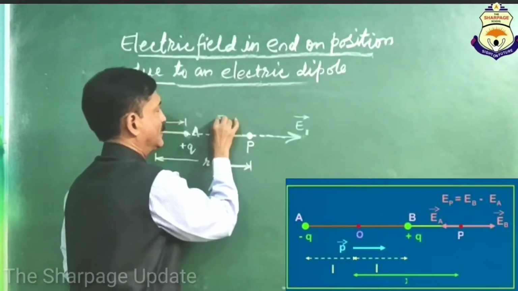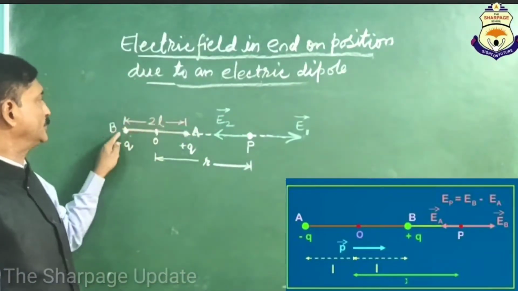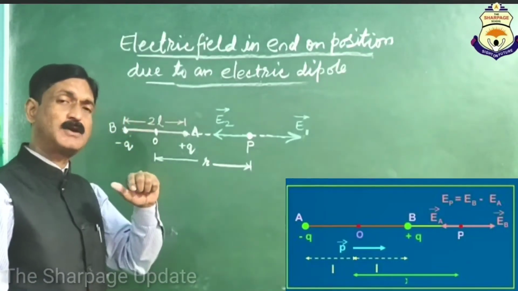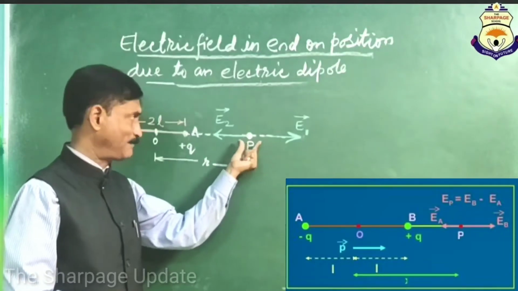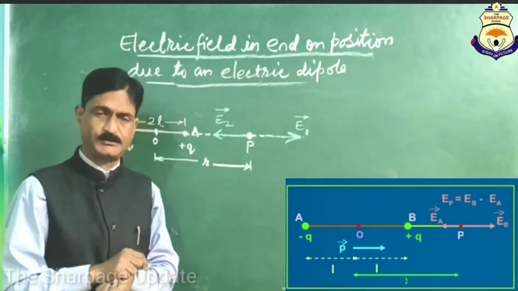This is the direction of electric field intensity E2 due to the charge minus q, because there will be a force of attraction between the unit positive test charge kept at point P and the minus q charge.